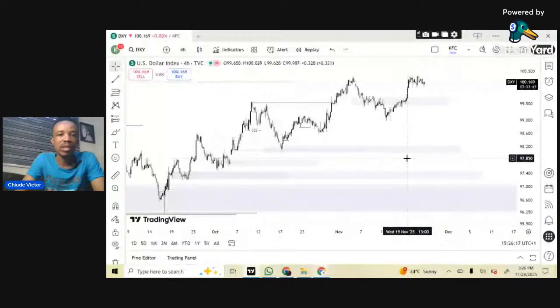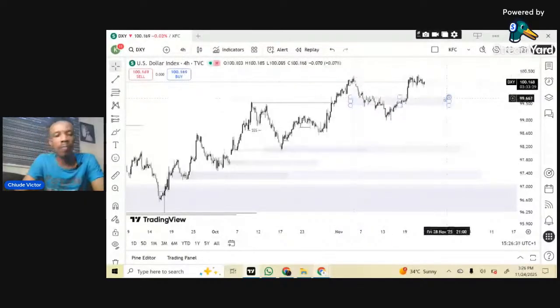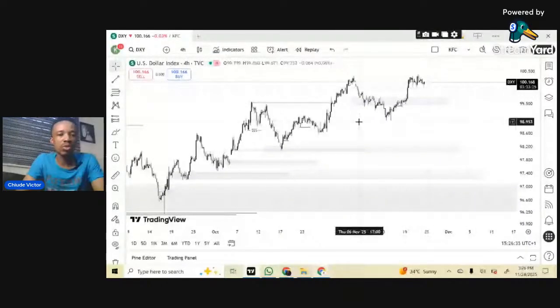Otherwise, if it takes out this high, then I could look for bullish entries, because that simply means the break of structure is confirming a bullish structure. But otherwise, any move I would want to do is if I get a bearish confirmation.